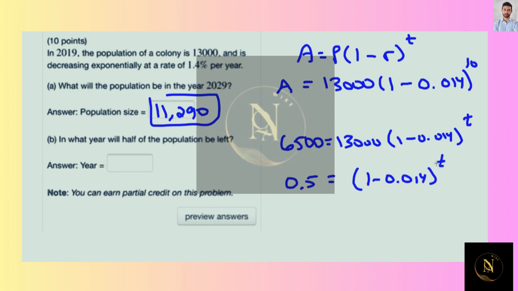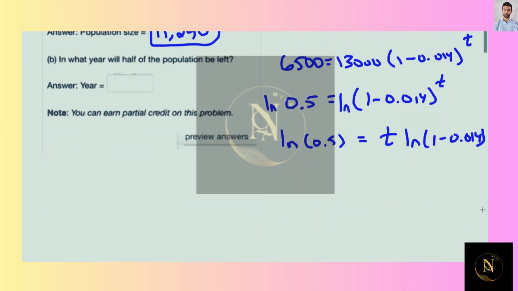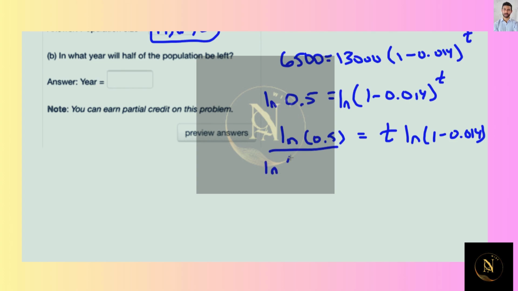Then take the log or the natural log of both sides. I'm going to take the natural log. So the natural log of 0.5 would equal t times the natural log of 1 minus 0.014. Then just divide by the natural log of 1 minus 0.014 to both sides, and we've solved for t.